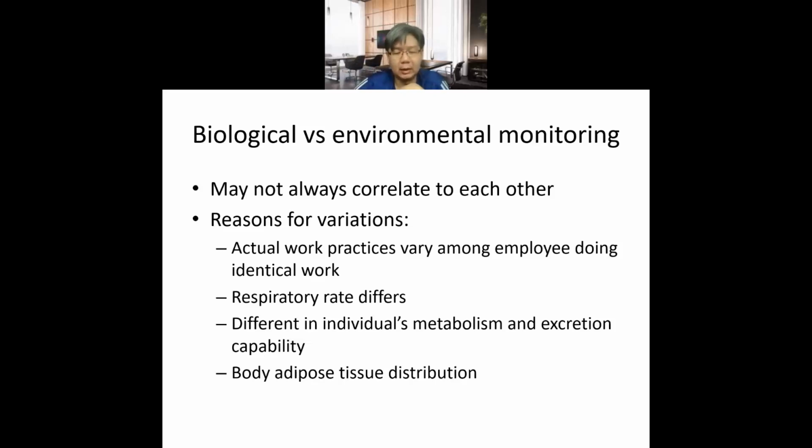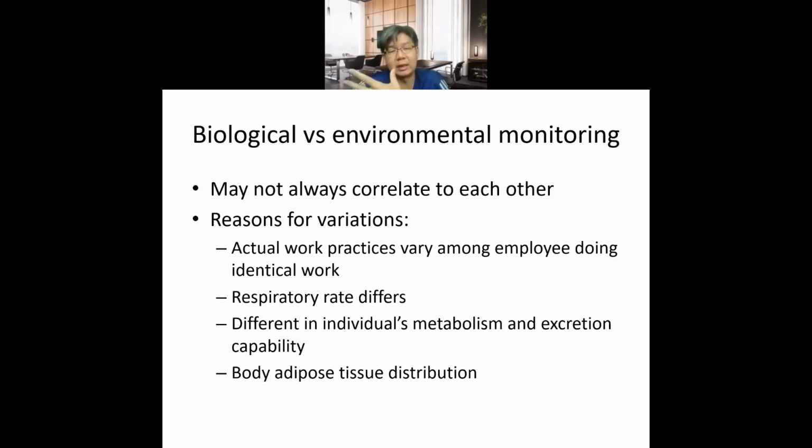And some other people may be absent almost 50% of the time, and so on. So the work practices are different, even though they do the same job. The respiratory rate of different individuals is different. And even the body build, some people are generally more healthy. Metabolism is stronger.